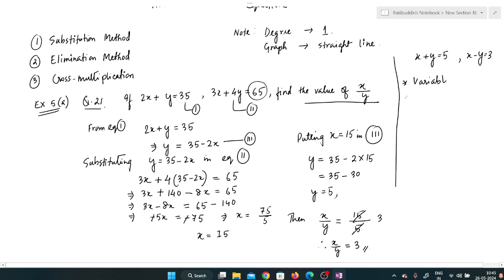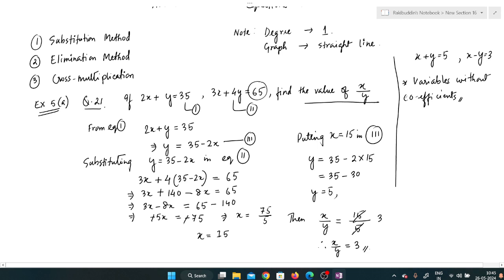If there are variables without coefficients, there you use the substitution method. It will not become complicated. But if there are variables with coefficients, then try to avoid this substitution method. So it's elimination.